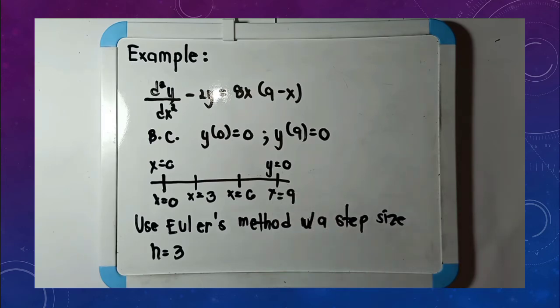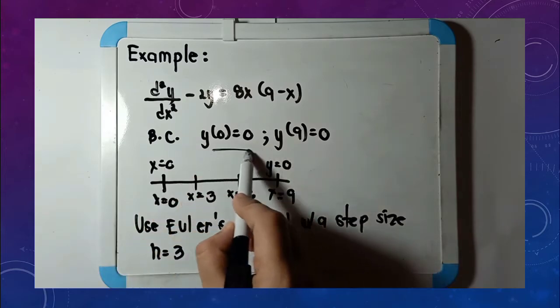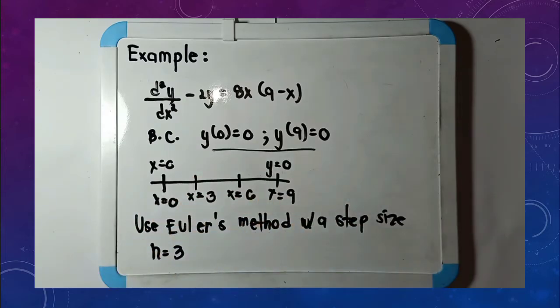And because we are solving this particular problem by the Euler's method, we cannot directly use these boundary conditions that were given. So for us to solve this problem by using the Euler's method, we need to know what would be the value of the derivative of y at x is equal to 0.